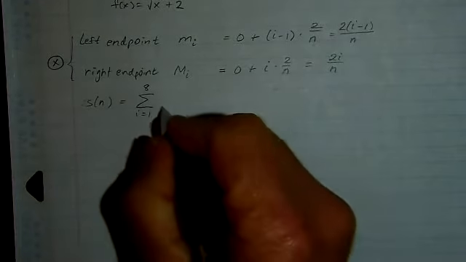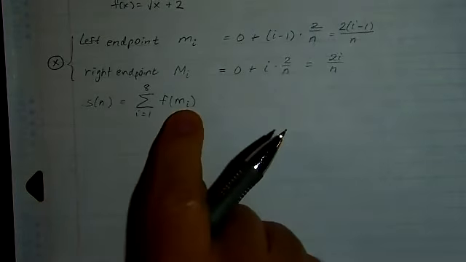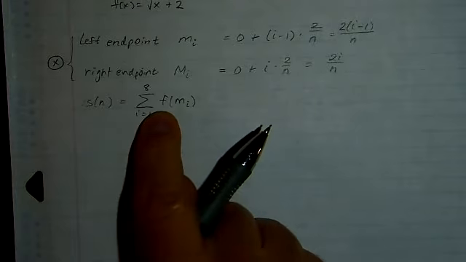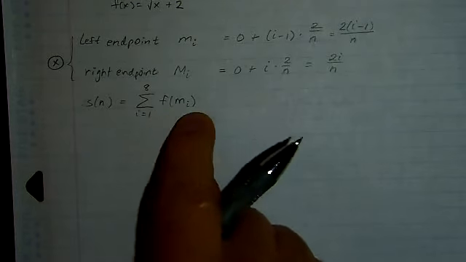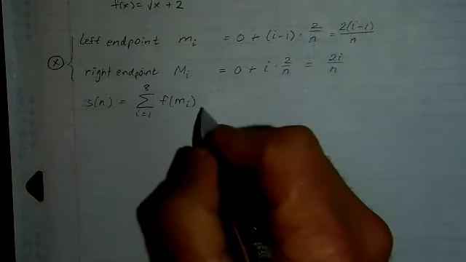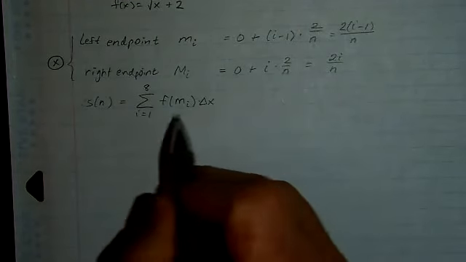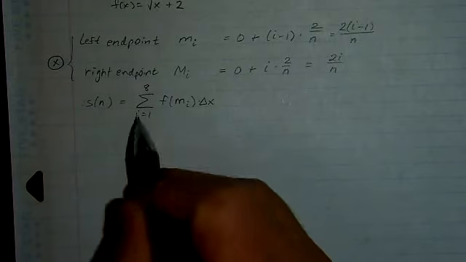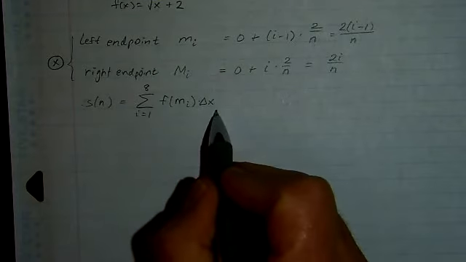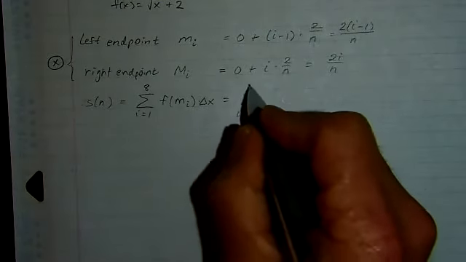Okay, and for each rectangle, the lower sum is going to take the left end point value of the graph. So that's the y value, that's the height. This is the height of the rectangle times the width of the rectangle. So this is height times width. There are 8 rectangles. I'm going to add all those up. Okay, so that's the sum from 1 to 8.